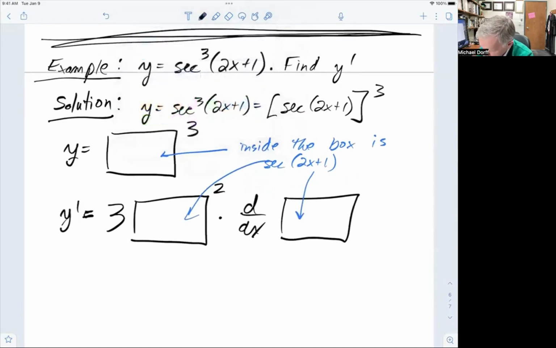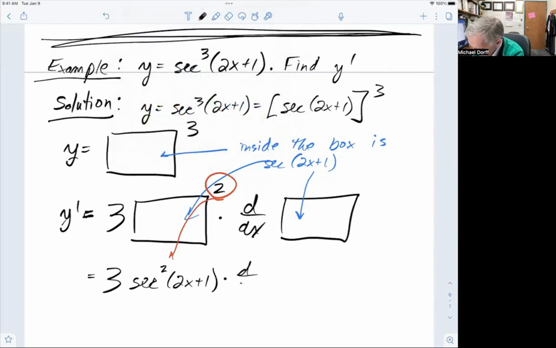If I write that out a little bit, then I've got the secant 2x plus 1. This 2 up here, I can write down here as just a square. So it's secant squared. And then I've got the derivative of secant of 2x plus 1.